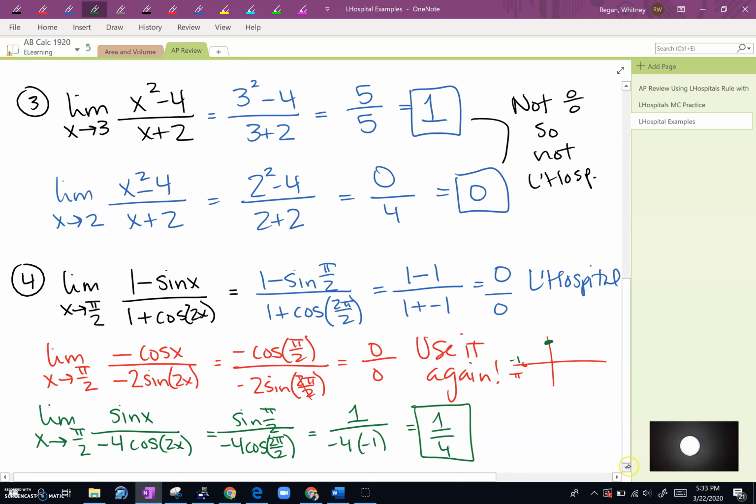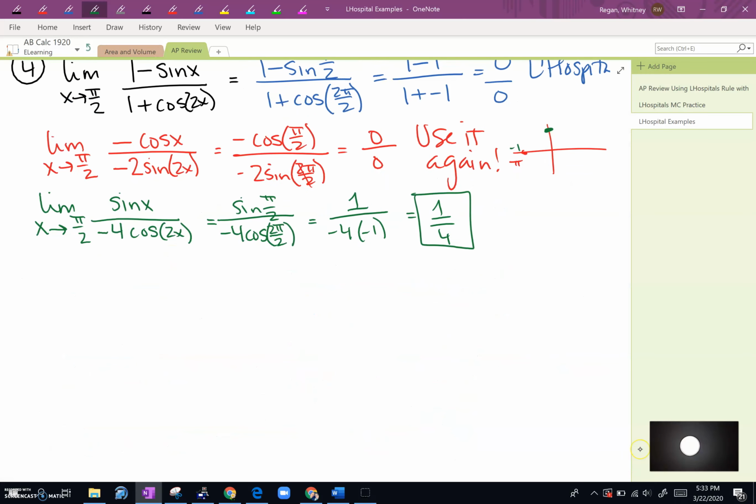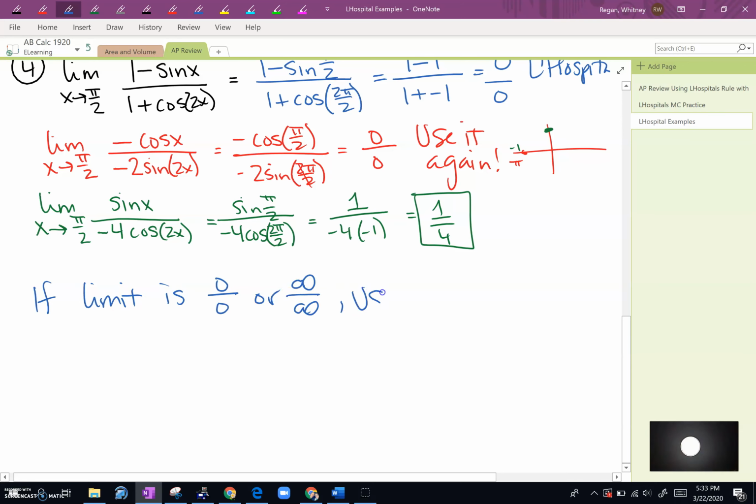So sometimes you need it, sometimes you don't. Remember, if the limit is 0 over 0 or infinity over infinity, use L'Hopital.